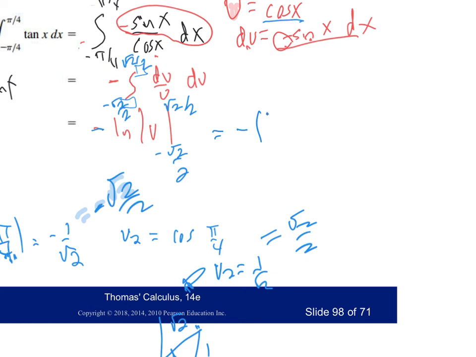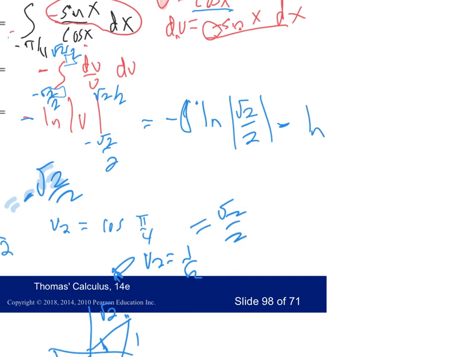Natural log of square root of 2 over 2, absolute value, minus natural log of the negative square root of 2 over 2, but when I take the absolute value of the negative number, it becomes positive.